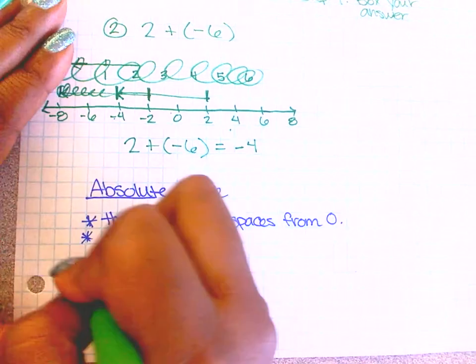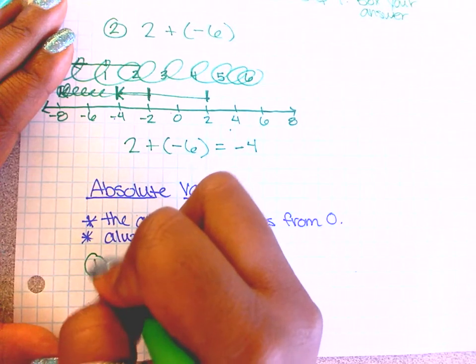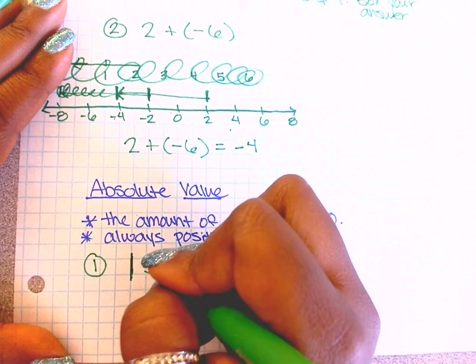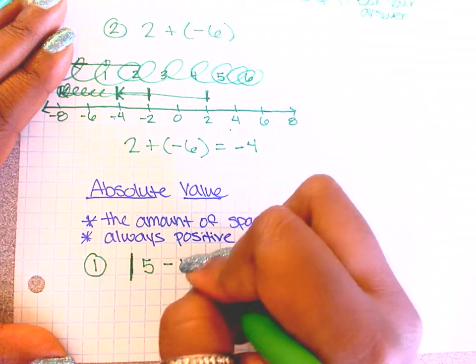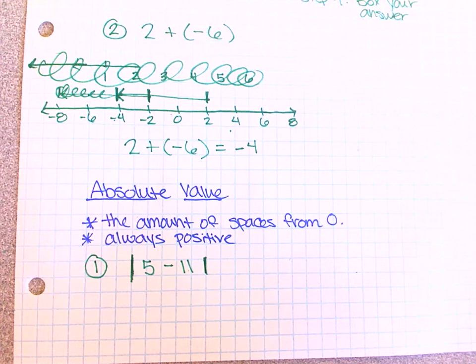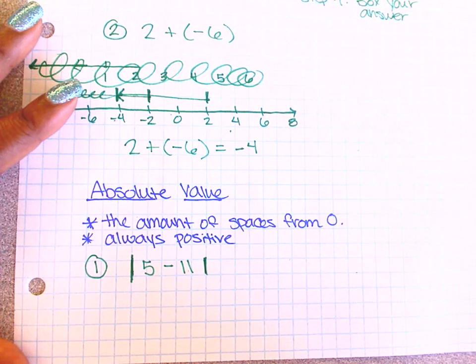So then, here's the question. I want the absolute value of 5 minus 11. Now, you reviewed yesterday the order of operations. You have to work with what's inside first. So, what is 5 minus 11?